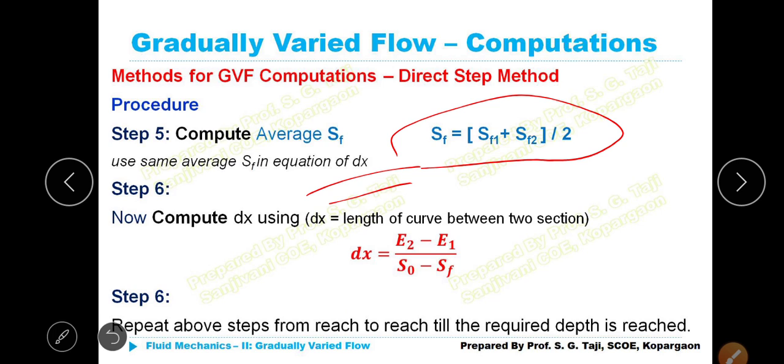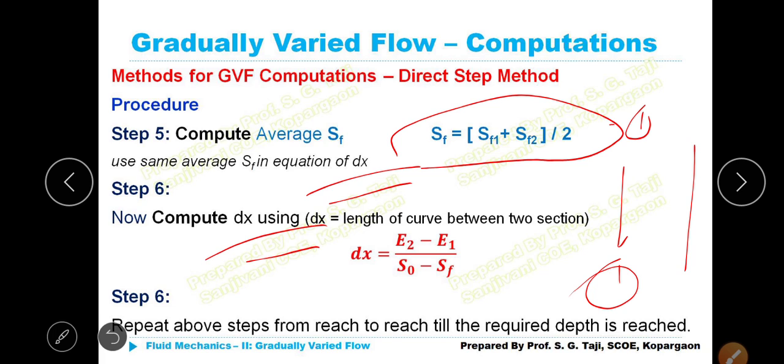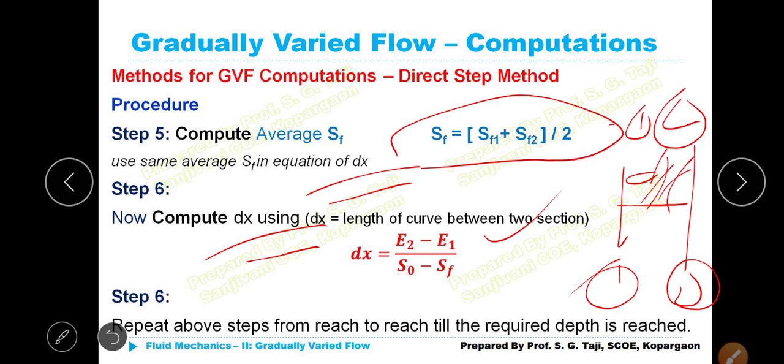Step 6, compute dx, where dx is the length of the curve between the two sections, means section 1 and section 2. This is dx. E2 minus E1, that is the difference between the specific energy.